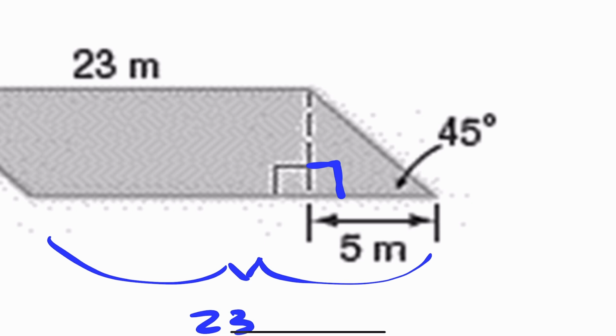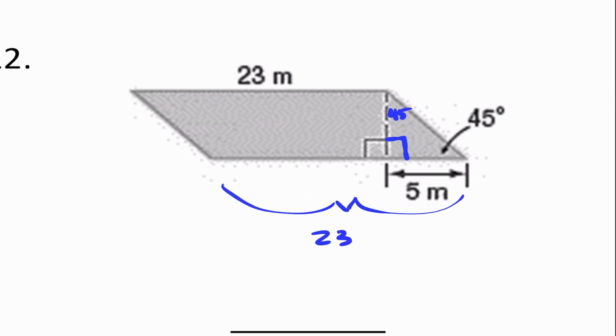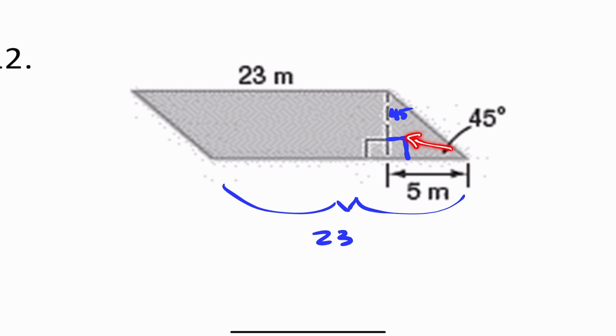Okay, so look, we have 45, 90, then this must be 45 as well. So using my special right triangles, across from 45 degrees, this is my A value. My A value is 5. It's the same thing for this angle, 45 across from the 45-degree angle. This side length here, which is my height, is also 5.